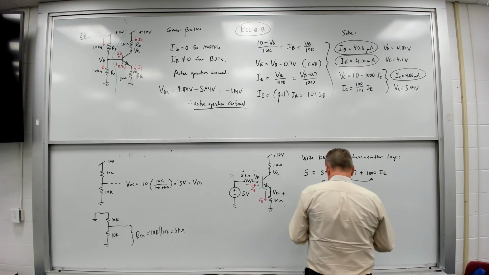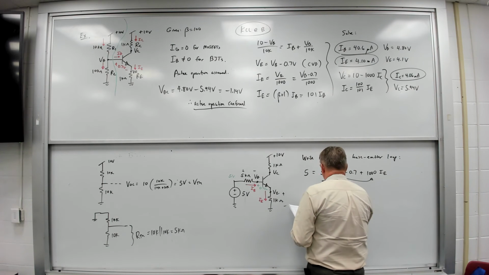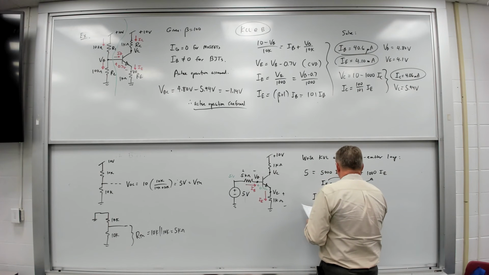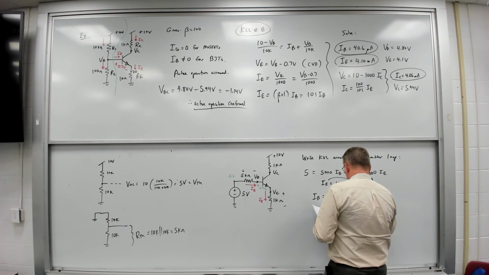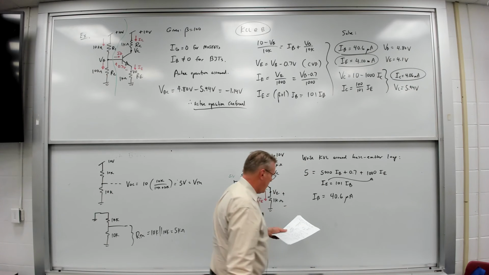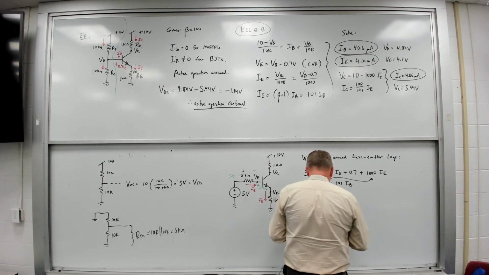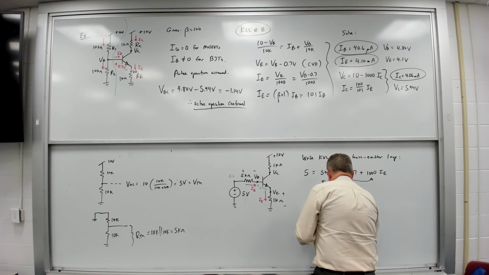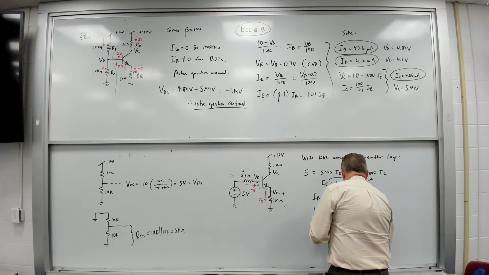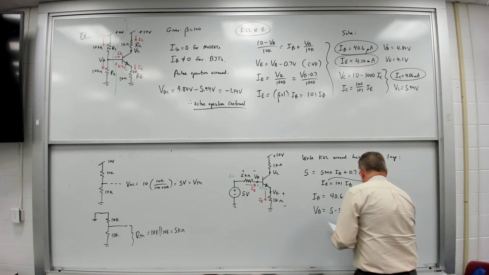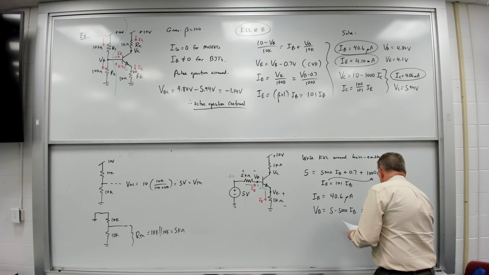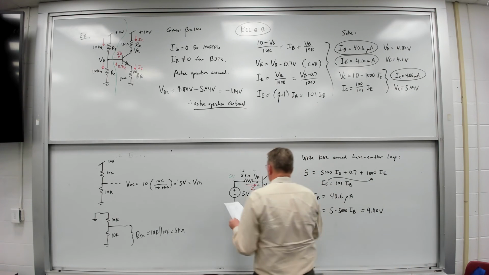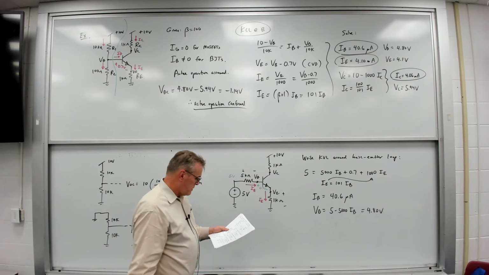What I'll get is that IB will be equal to 40.6 microamps. And VB will be equal to 5 minus 5,000 IB, and that'll be equal to 4.80 volts. So once again, just the voltage drop across that resistor.